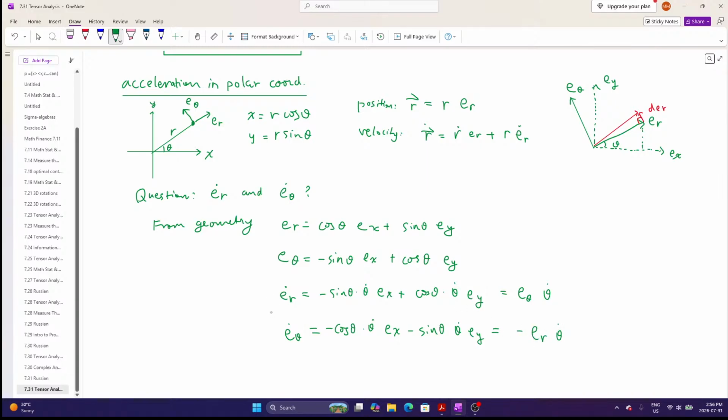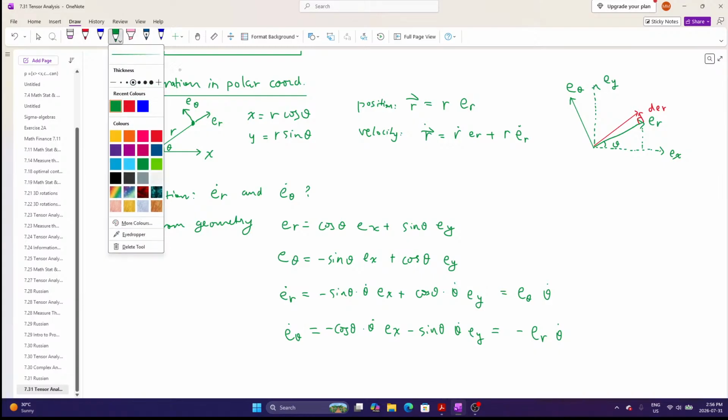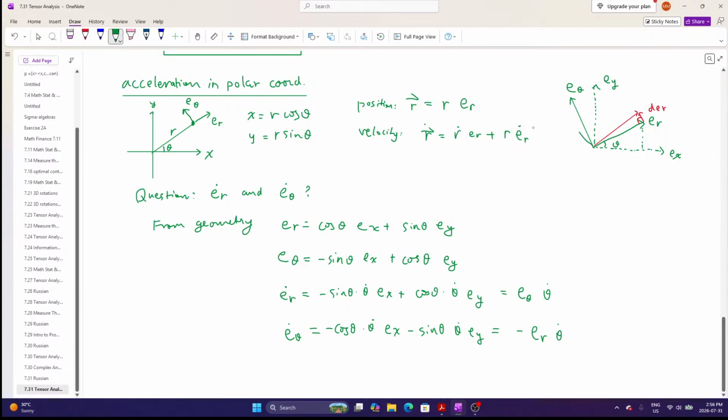So E theta dot is minus ER theta dot. Okay, so let's take a look at why that is the case. If you change theta a little bit, E theta would simply become a little bit more rotated like this. It's the same principle as earlier, really. So this is the little change in E theta, this is dE theta. As you can see, it is in the opposite direction of the original ER, hence the minus sign.